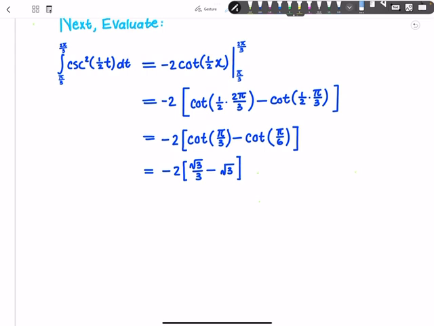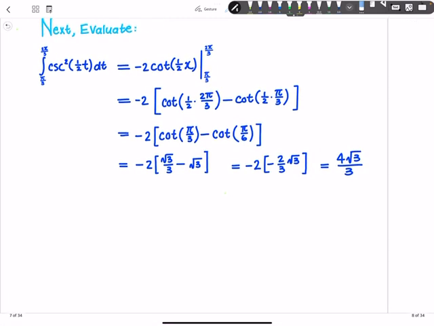We can now distribute that coefficient negative 2 back in and clean up the inside. So my exact value here would be 4 times the square root of 3 over 3. If you wish to give a rounded value here, the rounded value that I would get would be 2.309.